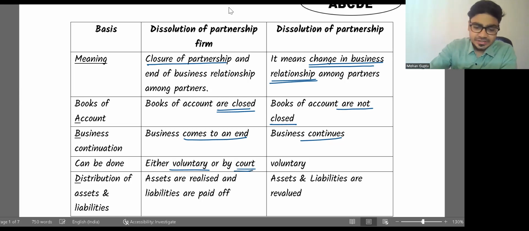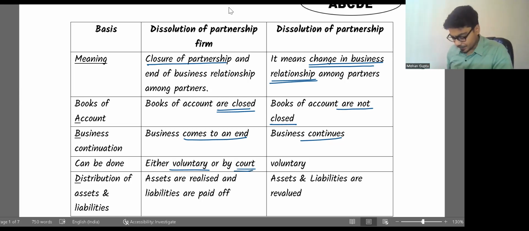Sometimes, let us say Santa and Banta are partners and they decide to smuggle guns. Their partnership business is about smuggling guns in India or dealing in drugs, or doing some unethical activity.